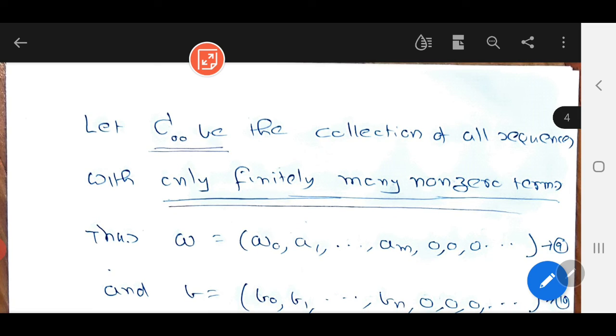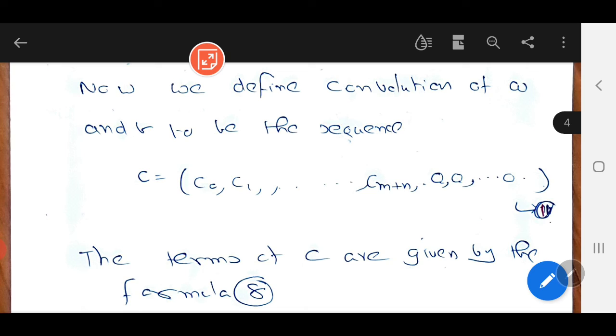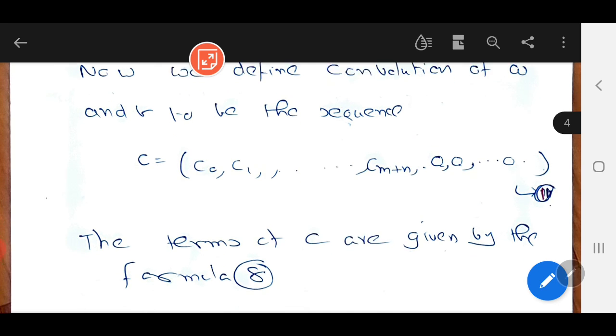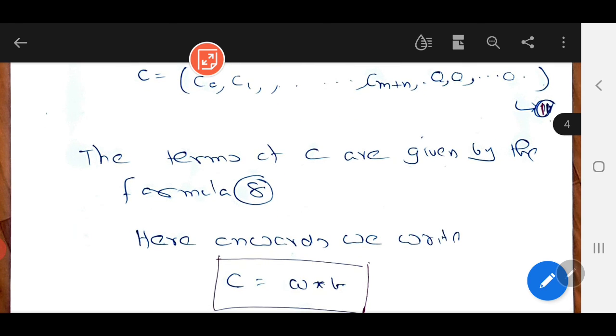Can you add sequences? Yes, we can add sequences by term by term addition. Can we multiply sequences? Multiplication of sequences is not that simple. So how do we multiply here? This multiplication is convolution. That is what we talk about. So this is the motivation for convolution here.